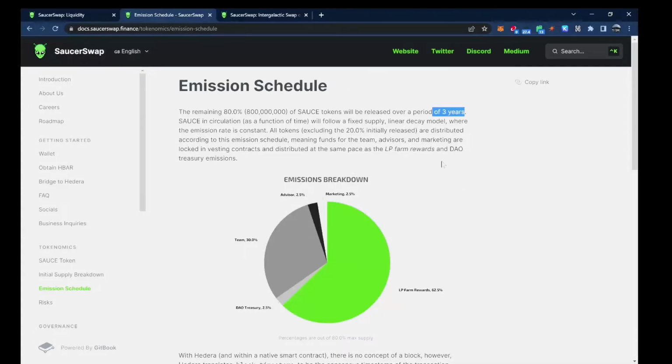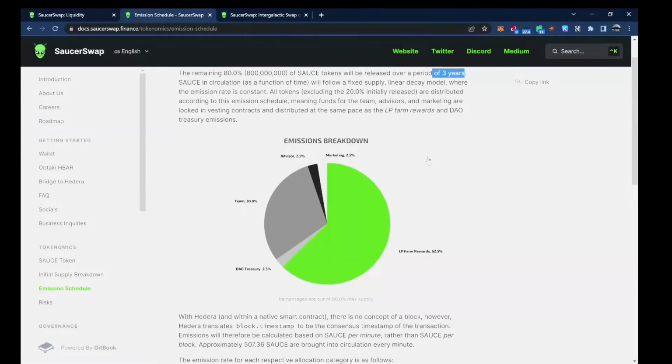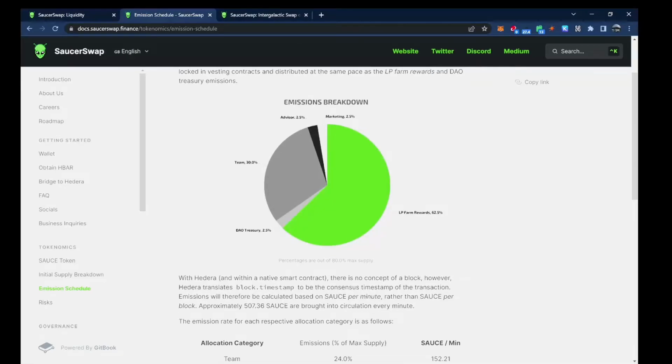As you can see from this pie chart, about 62.5% is to be emitted over that time through LP farming rewards, which, if I'm right, is around 500 million SAUCE over that period of 3 years.